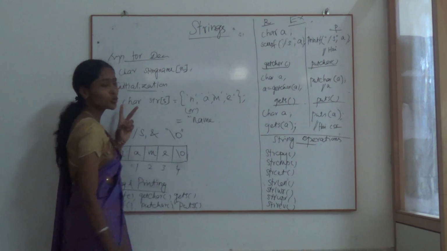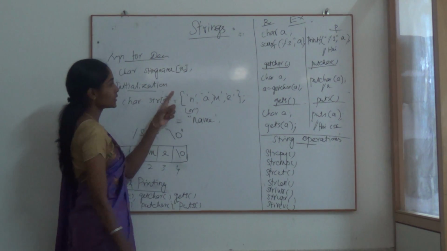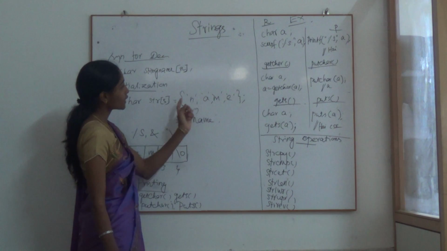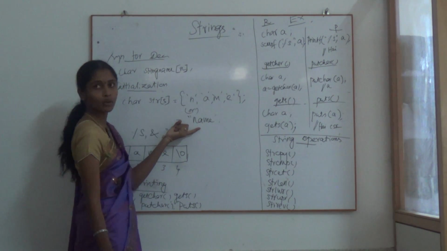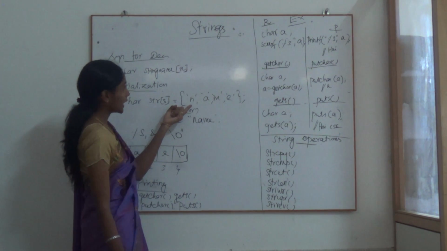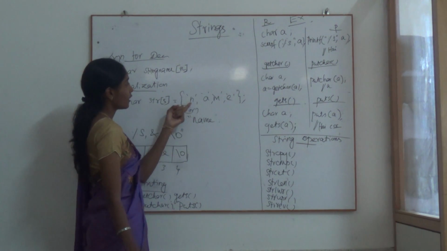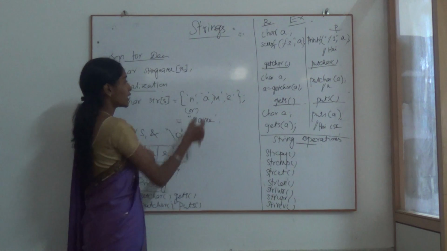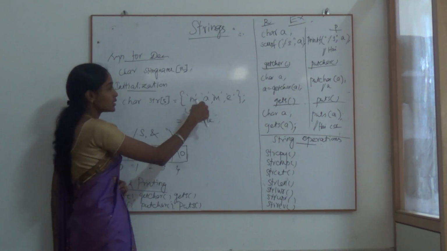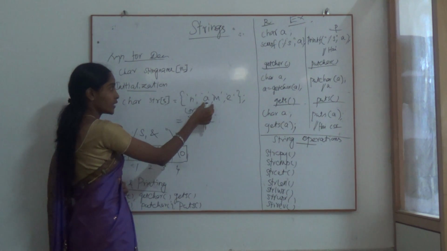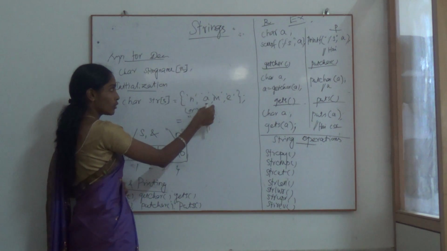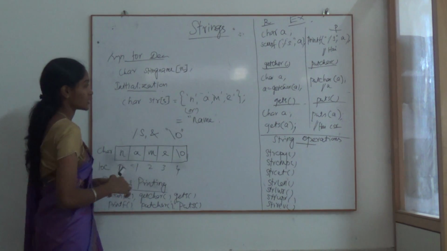The string name can be any user-defined name, followed by the size. We can initialize a string in two ways. The first is enclosed within open and close braces, and the other is within double quotes. While initializing with braces, we write the first character enclosed within single quotes, then a comma, then the second character enclosed within single quotes, and so on up to n characters.